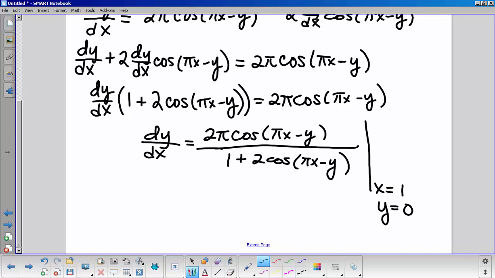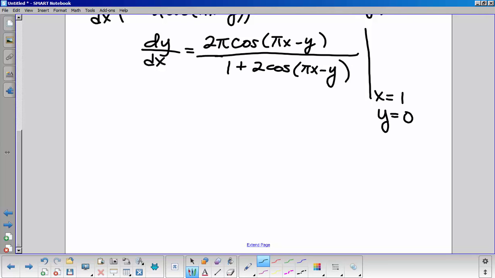So we need a slope at that point, so let's plug that in. We get 2 pi times the cosine of pi, right? Because the y goes to 0. Cosine of pi is negative 1. So this is going to be negative 2 pi on top. And then this, we already know that's negative 1, right? Because this is negative 1, that's negative 1. So this will be 1 plus 2 times negative 1. Negative 1, right? So the slope is 2 pi.